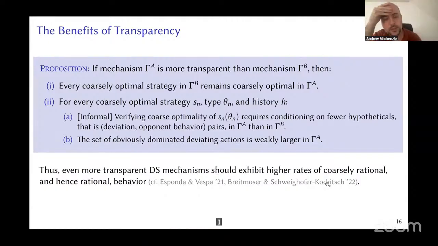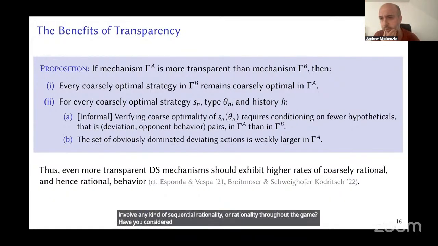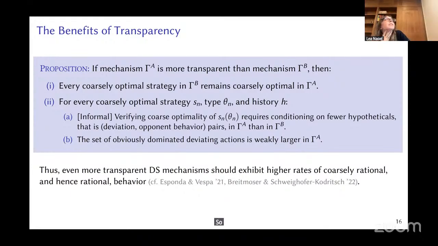I want to ask about, since you just raised obvious strategy-proofness, this definition doesn't involve any kind of sequential rationality or rationality throughout the game. Have you considered a variant in that direction? So it does, in the sense that you are incorporating the information that you observe.